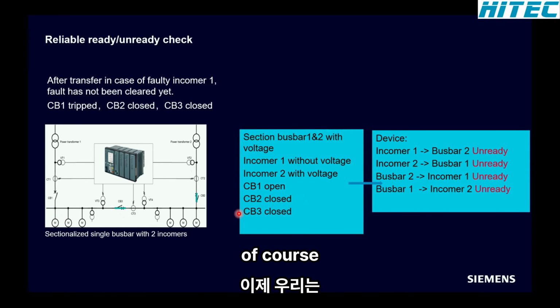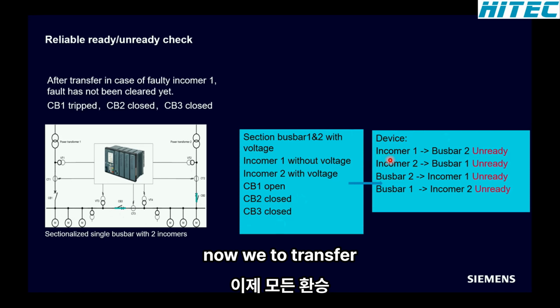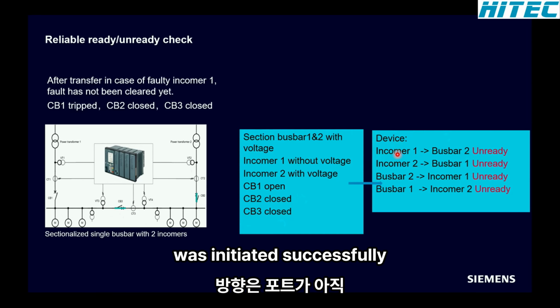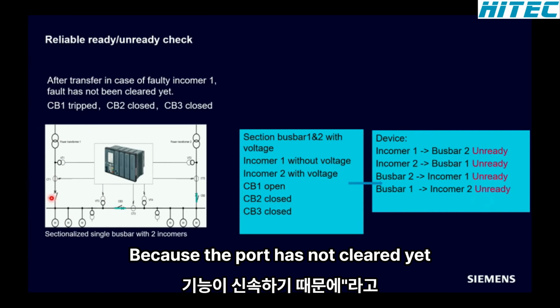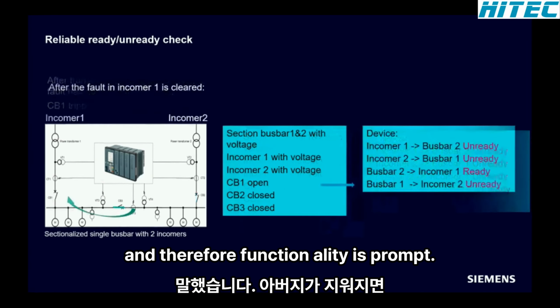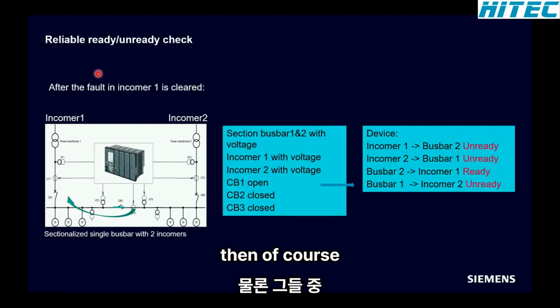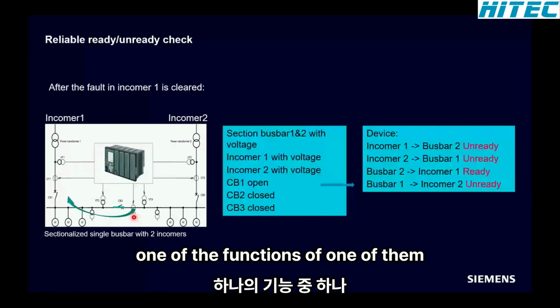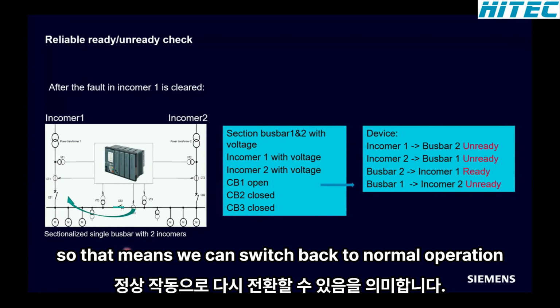And in that case, of course, our device says, okay, now the transfer was initiated successfully, and now all the transfer directions are unready. Why? Because the fault is not cleared yet, and therefore the HSBT functionality is blocked. So if the fault is cleared, then of course one of the directions is ready again. So that means we can switch back to the normal operation.